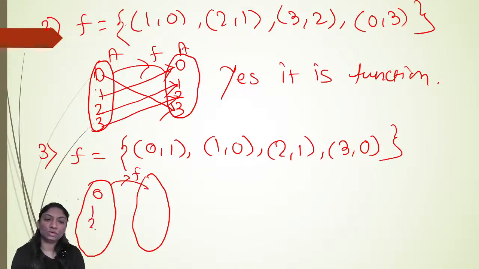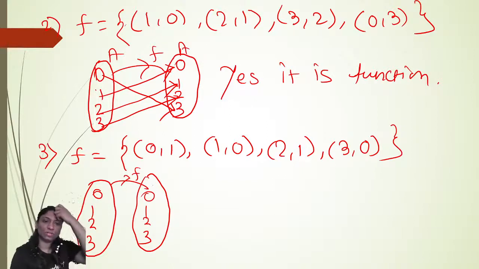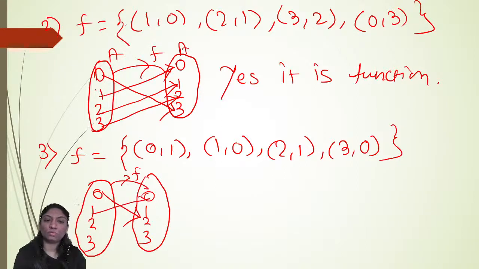So 0, 1, 2, 3 and 0, 1, 2, 3. See here, does every element have a unique image or not? 0 goes to 1, 1 goes to 0, 2 goes to 1, 3 goes to 0. So yes, it is again a function. Every element has a unique image.